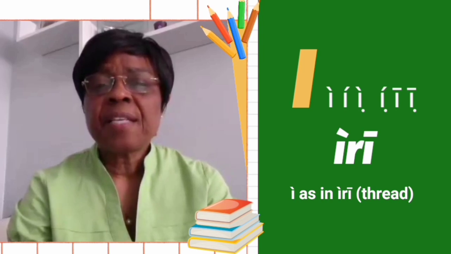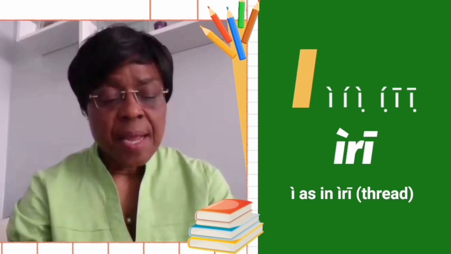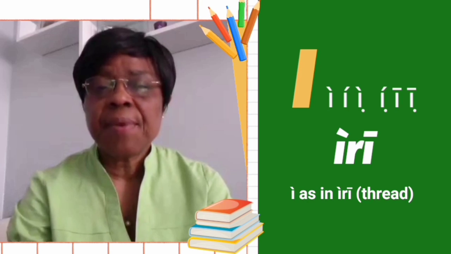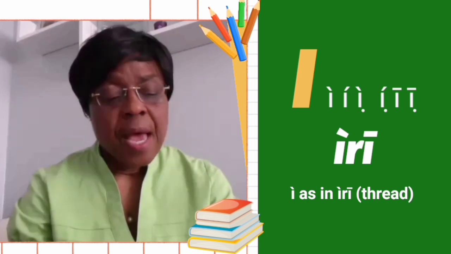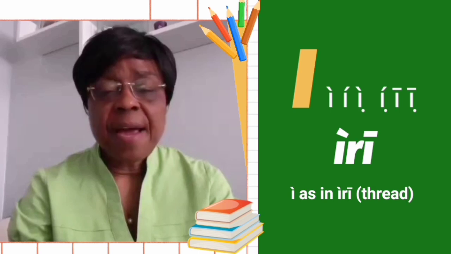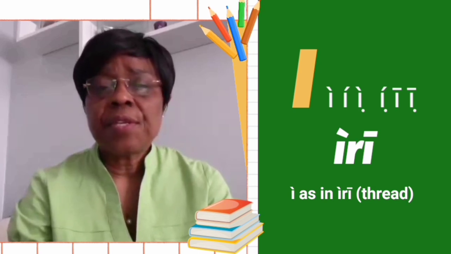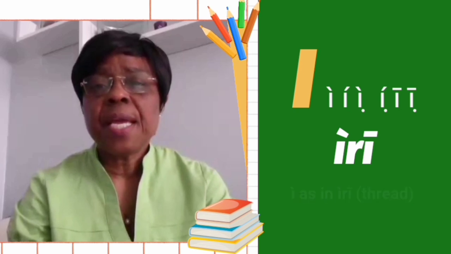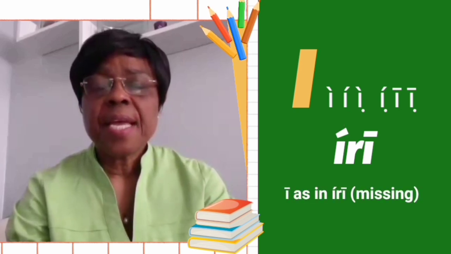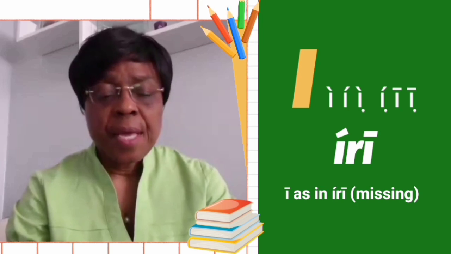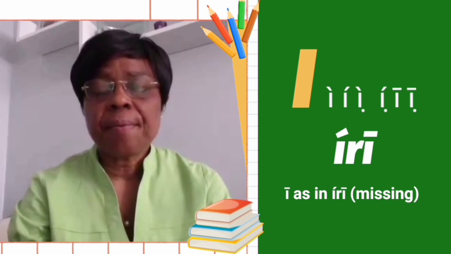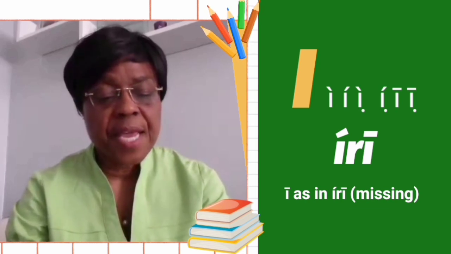That's the word for thread. The diacritics on the iri are falling. An example of rising diacritic on the same vowel sound, E, would be iri, as in missing your way.